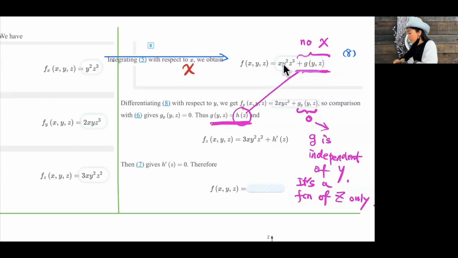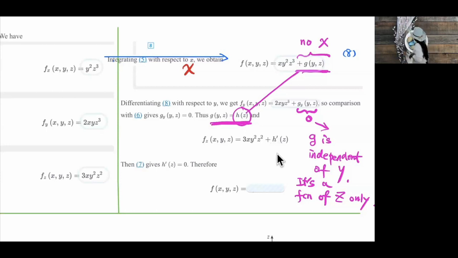Then you get xy². The derivative of z³ is 3z². So that's the derivative of this with respect to z. And then remember this part here became h of z, right? So the derivative of that with respect to z is going to be h prime of z. So we get this one over here.